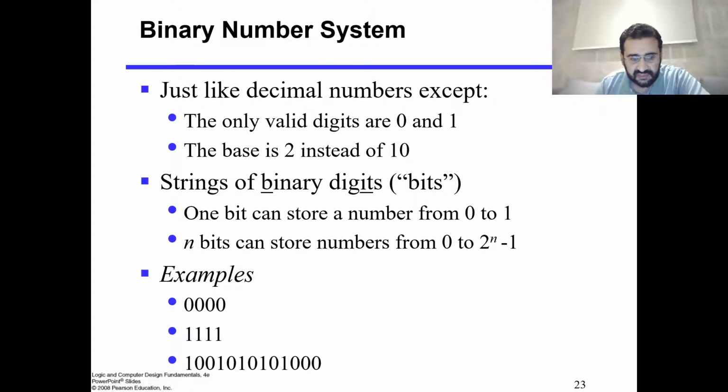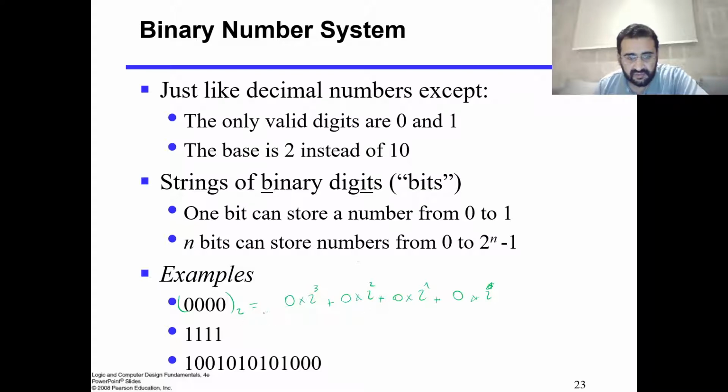So for example, 0000, if this is in binary, represents 0 multiplied by 2 to the power of 3 plus 0 multiplied by 2 to the power of 2 plus 0 multiplied by 2 to the power of 1 plus 0 multiplied by 2 to the power of 0.